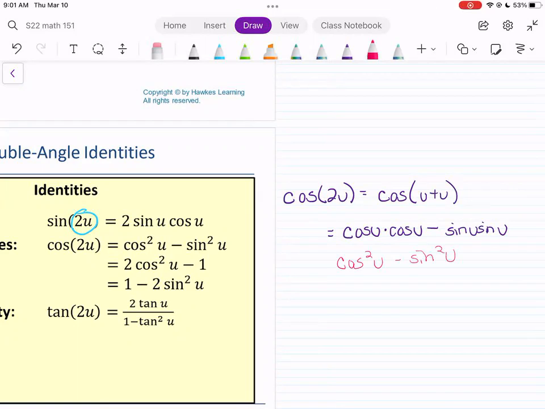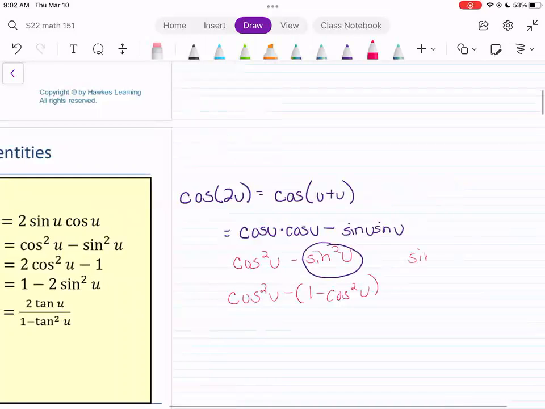But notice here that we can rewrite this also in terms of cosine. And so we get cosine squared of u minus (1 minus the cosine squared of u). And again, that comes from sine squared plus cosine squared equals 1.